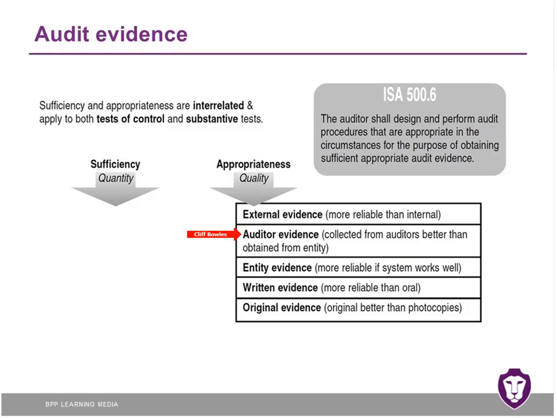Auditor evidence is probably more independent than that obtained from the entity. Written evidence is more reliable than spoken evidence, and original documents are better than photocopies. So you need to have some understanding of the quality of audit evidence needed.